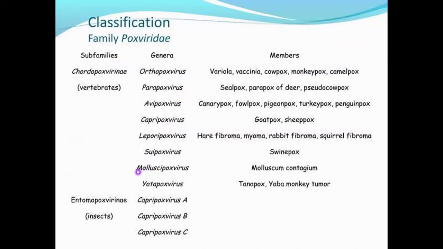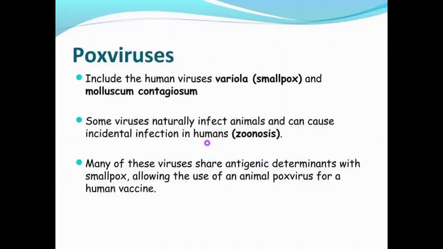Then what we're interested in is molluscipoxvirus, which causes molluscum contagiosum. That's our main interest. So we're interested in variola, smallpox, monkeypox, and molluscum contagiosum. The rest you can ignore.